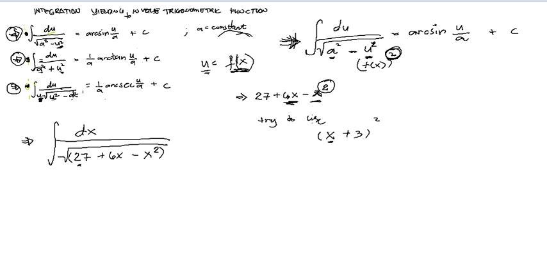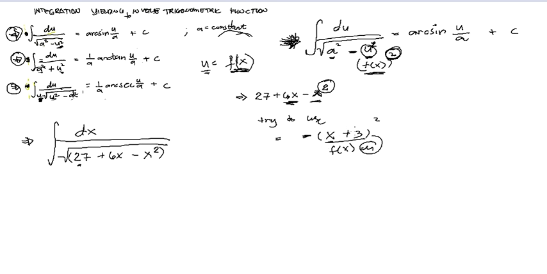Okay, let's try this one. If this is our f of x, or our u, then in order for us to follow our main formula, it must be multiplied by a negative value. So let's multiply it by a negative sign.